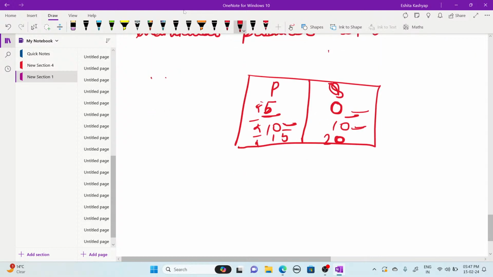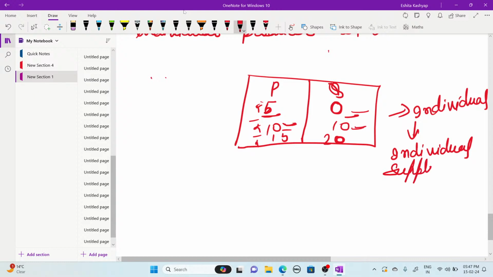As we are talking from the individual perspective, therefore it is known as the individual supply schedule.